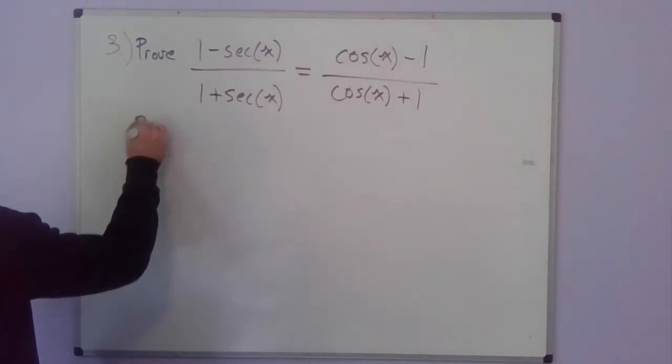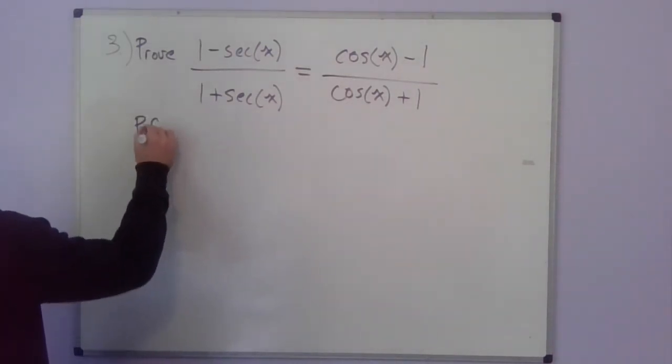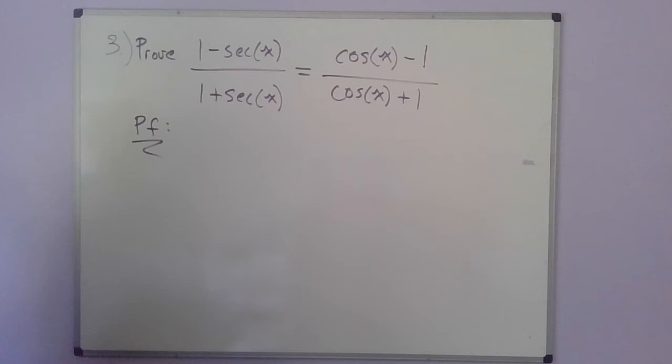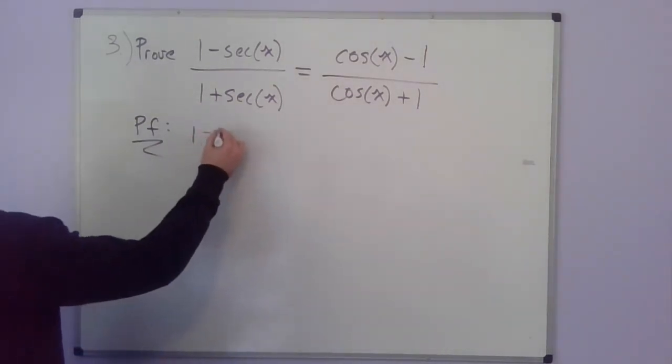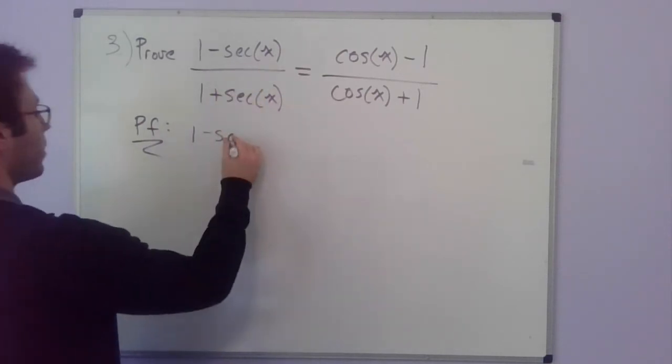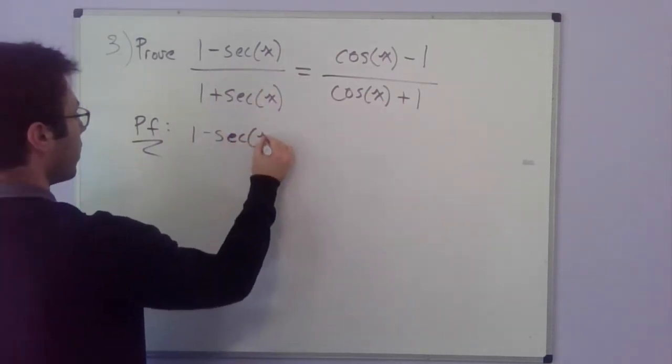The proof, so I write proof. I keep writing PF, I could write out proof. All right, start off. Rewriting this. Not the whole thing though.